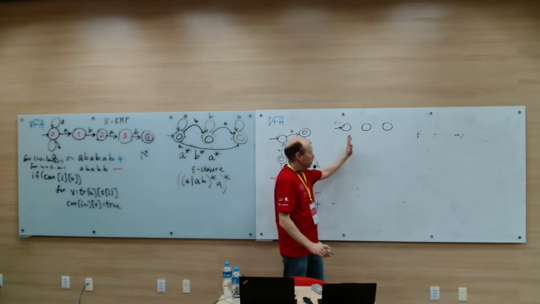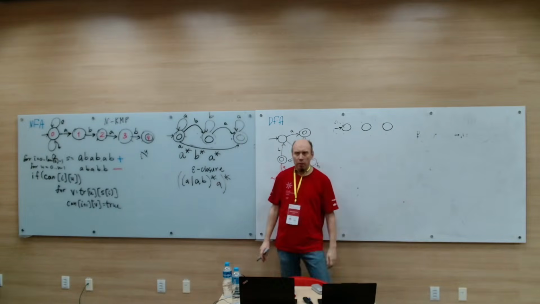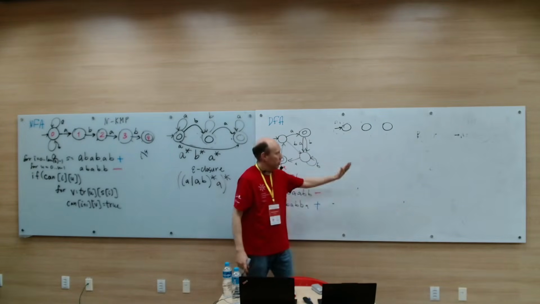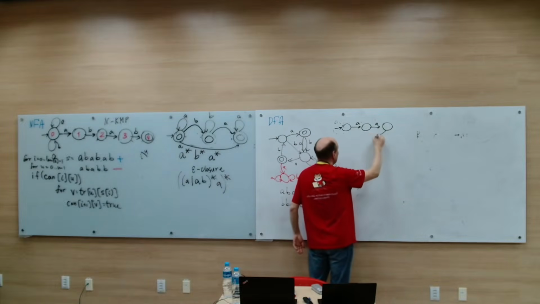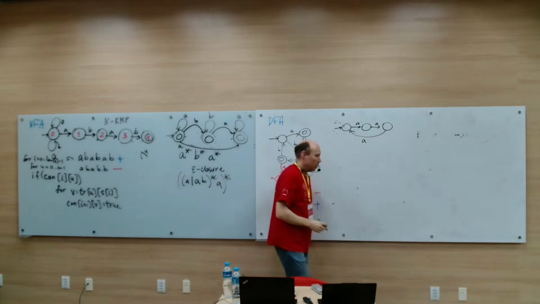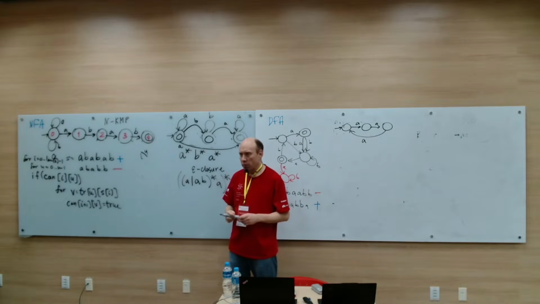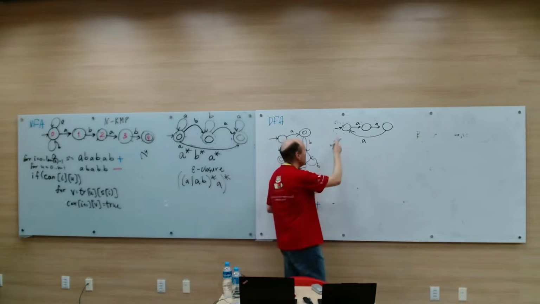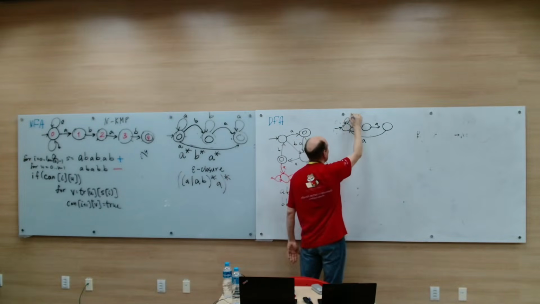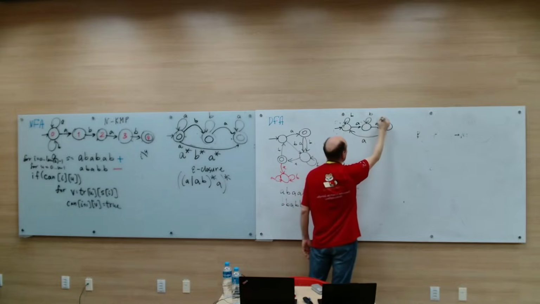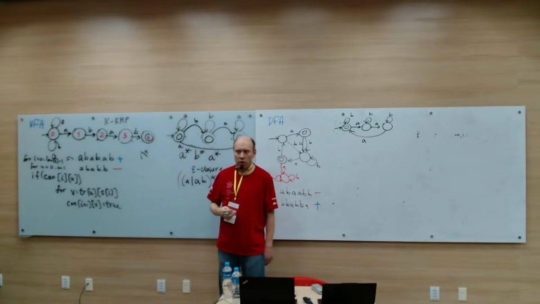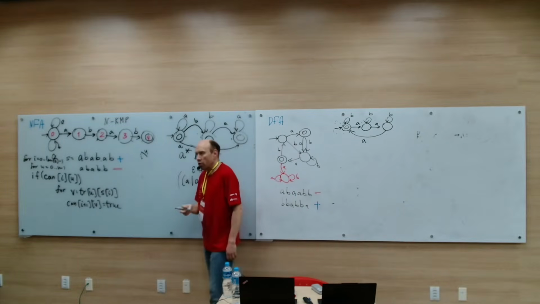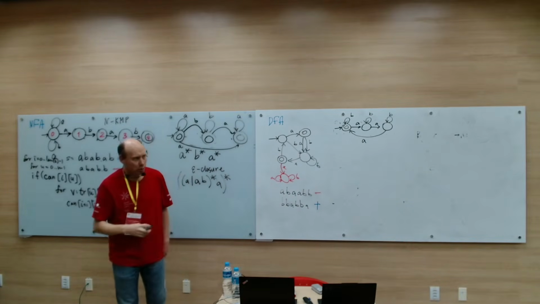The state would correspond to the remainder of the number of A's by 3. Initially it's 0, if we get A it's 1, if we get A it's 2, if we get another A it's 0 again because it's modulo 3, and the B's don't change this, and this is the terminal state. You might notice that initial and terminal are the same.